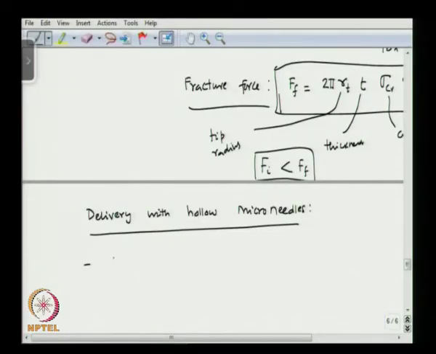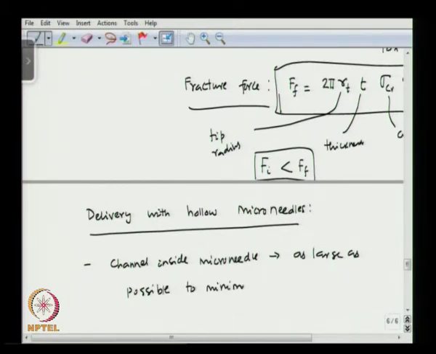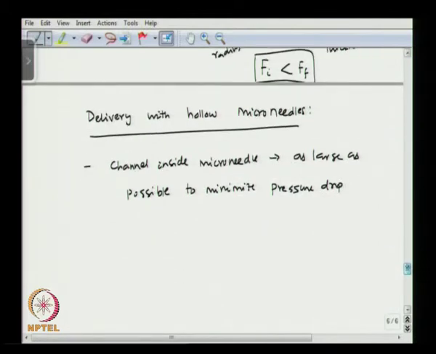So, we need the channel inside the microneedle as large as possible to minimize pressure drop, okay. And so that would allow maximum flow rate.